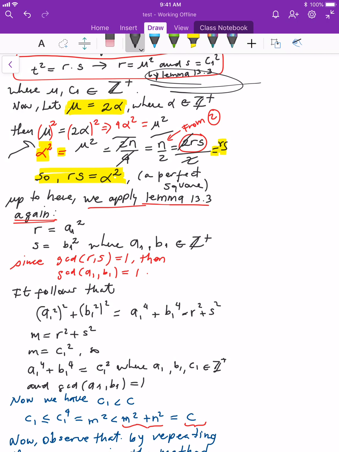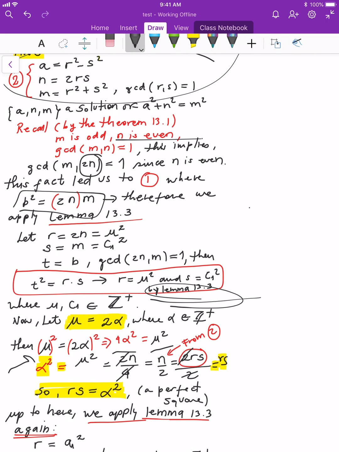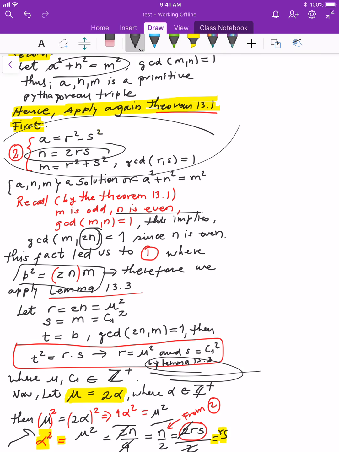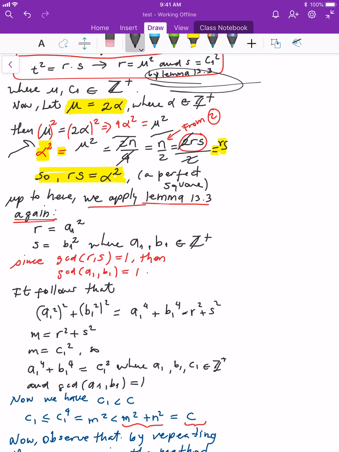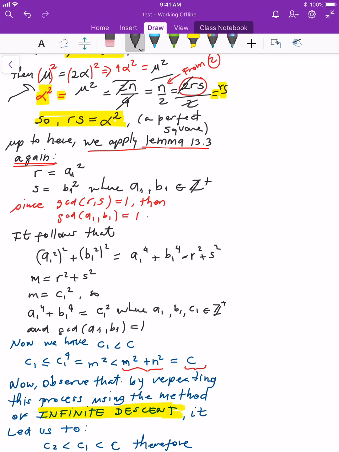Perform the algebra. Now, from 2, we know that n is equal to 2rs. So we plug it in and cancel out the 2s. So alpha squared is equal to rs, a perfect square.